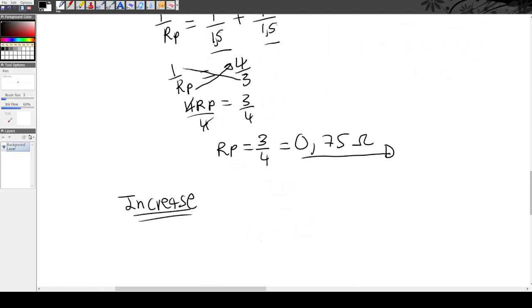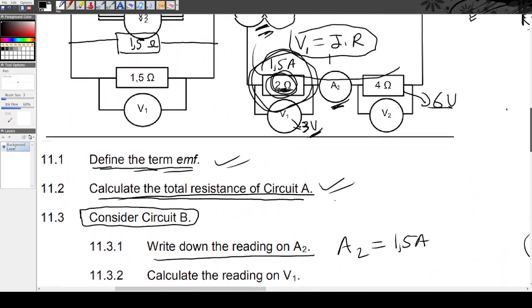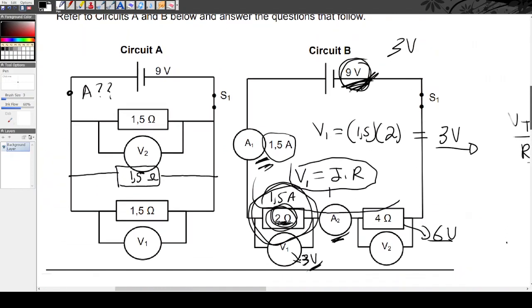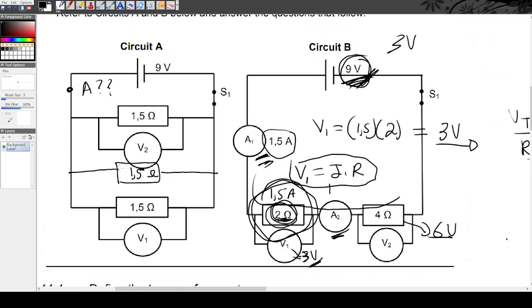Why? Let me go back and analyze. Maybe I'm not making sense to some of you, my fellow fans. I don't want to disappoint you. I want to do my best in trying to explain everything. Adding more resistors in parallel, this resistor is in parallel to this resistor and in parallel to this one.